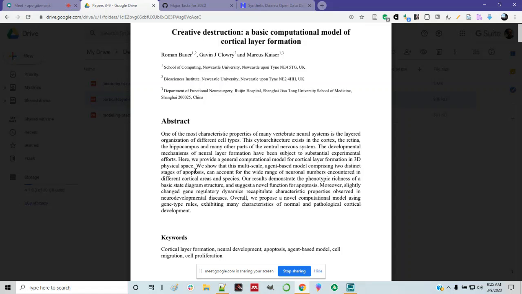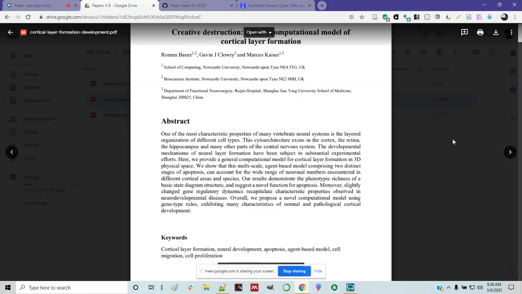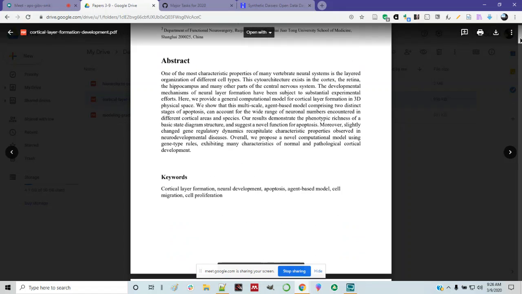If they can't find a projection to another neuron, they die off. And so this actually has an important role in development in terms of shaping where cells are in the body, but also the number of cells. And that's something that they talk about here.